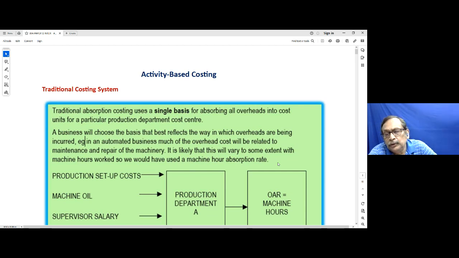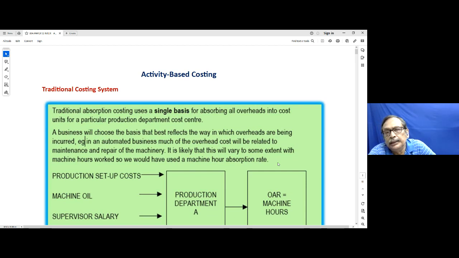So the objective of management accounting is to identify the various techniques to be followed in Indian conditions so that we can meet the competition, increase our market share, and be in a position of cost leadership so that our total cost is minimum and we can meet the price, because we are operating in a buyer's market and we are not in a position to fix the price according to our choice.